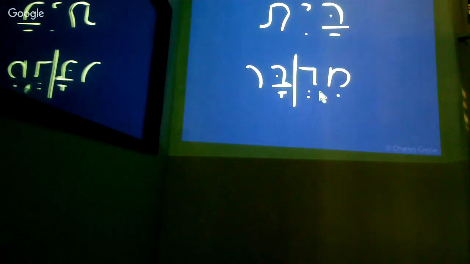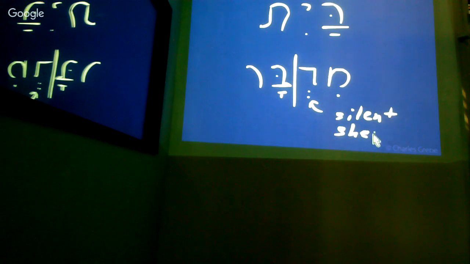This is a closed consonant CVC. It's a silent Shewa, right? It's not a vowel, it's a syllable marker. Silent Shewa. So given that this is silent Shewa, our conditions are met. This letter is the beginning of the syllable, no preceding vowel. So the Daghesh Lene is there.